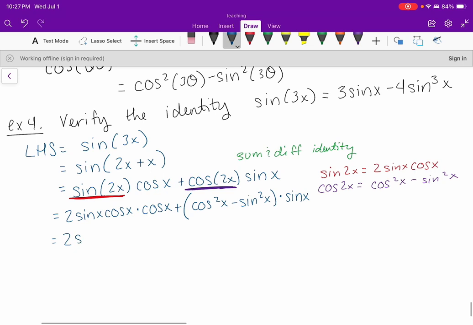Here I get 2 sine x cosine squared x plus sine x cosine squared x minus sine cubed x.